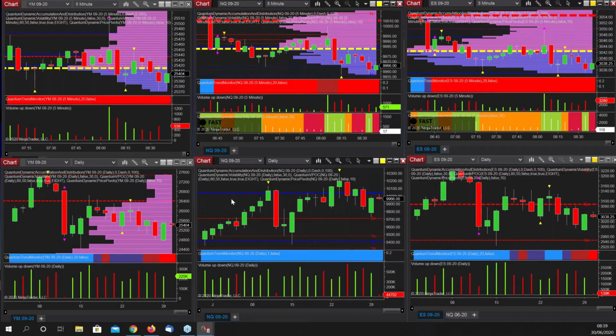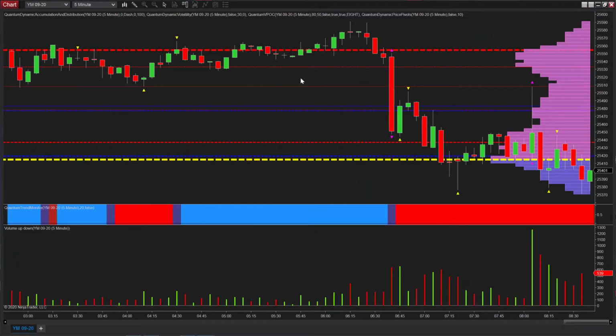So in terms of what's going on intraday, we've had the Chinese data. It's a little bit lackluster in terms of how the markets are reacting. There's no great movement one way or the other. I would say on balance that it's a little bit more bearish than it is bullish.